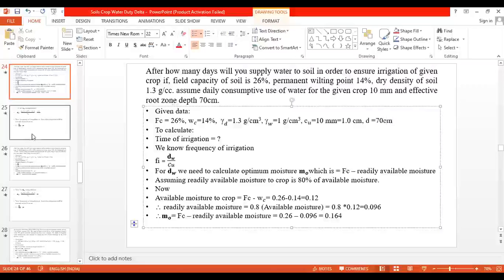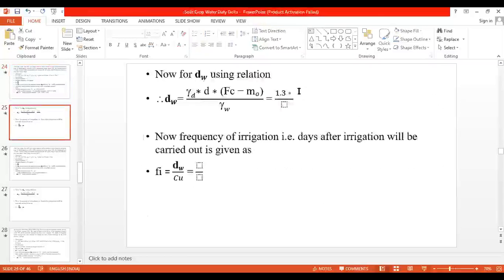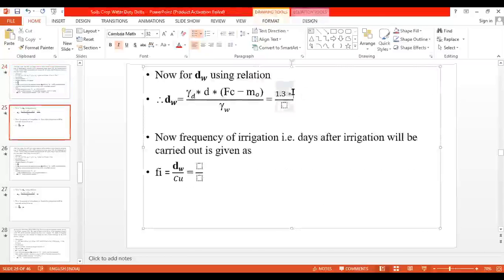Now use that magnitude, D as 70, and keep it in centimeters only, into field capacity, that is 0.26, minus optimum moisture content 0.164, divided by gamma w as 1.